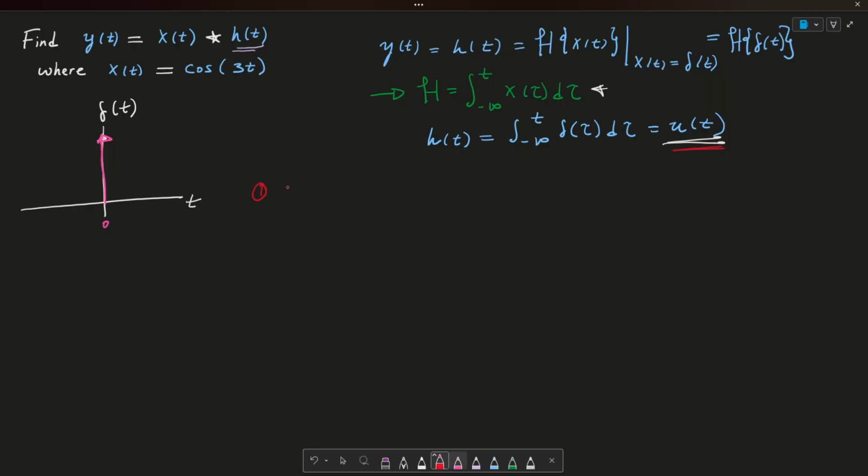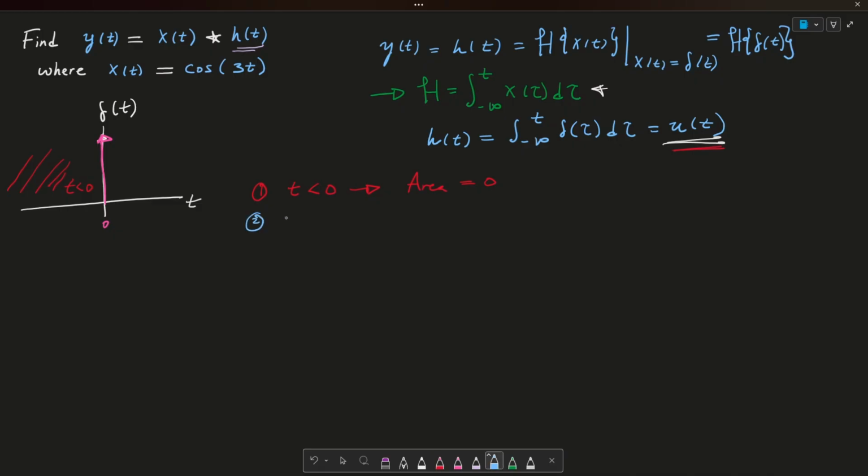So the first case we take is when t is less than 0. We say that the impulse has not occurred yet, so the accumulated area is equated to 0. If you consider a time where we're taking the area for t less than 0, the function hasn't occurred yet, so we simply get 0 as my solution.